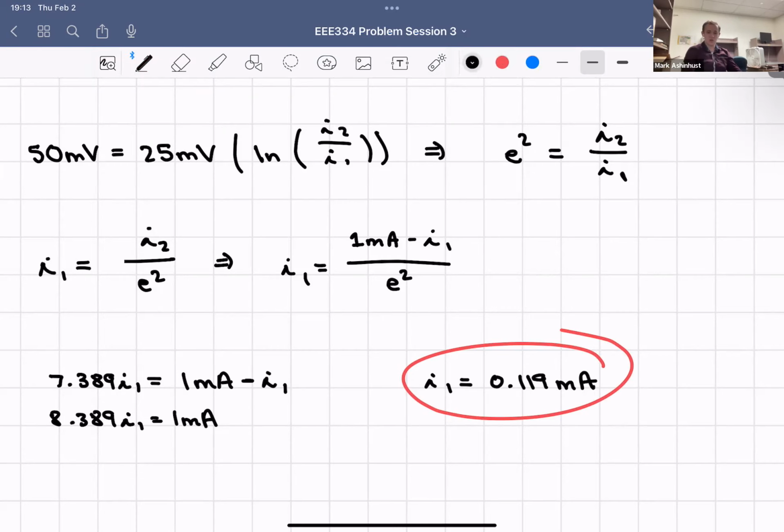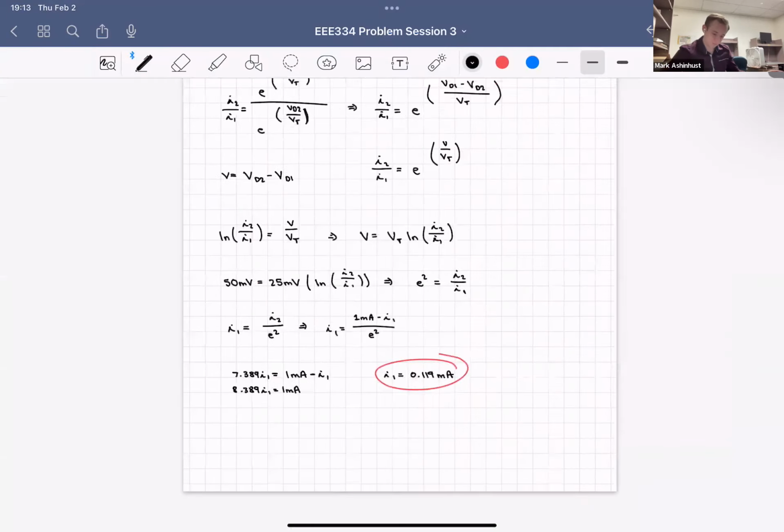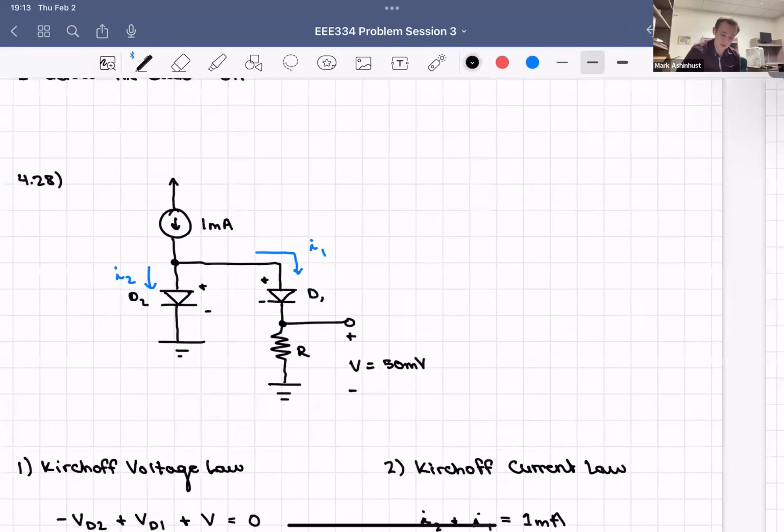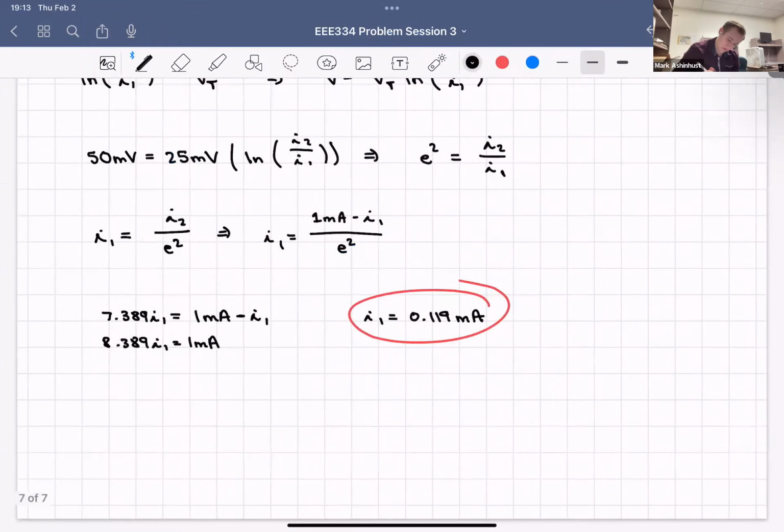And then from there, we can just use Ohm's law. We know this current I1 now. I1 times R is going to equal V, but we want R. So R is equal to V over I1 in this case.